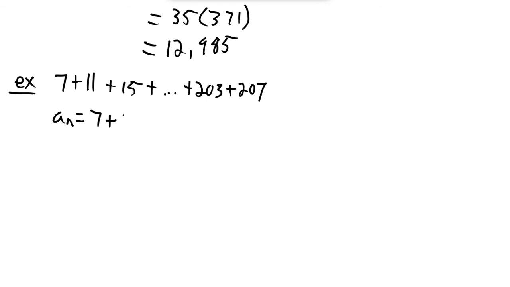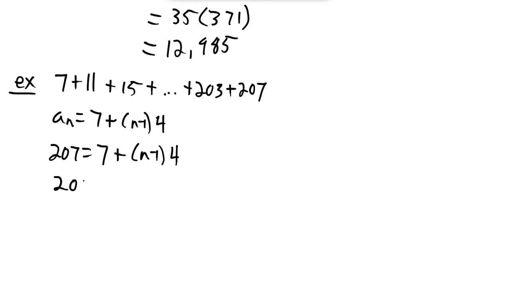We're adding 4, so it's going to be n minus 1 times 4. That's our explicit form, and we're going to have to solve for n because we're going to need that. So we're going to put in 207 here. It becomes 207 is equal to 7 plus n minus 1 times 4, or 200 is equal to 4n minus 4. Solve for n, you get 204 is equal to 4n, or n is going to be equal to 51.